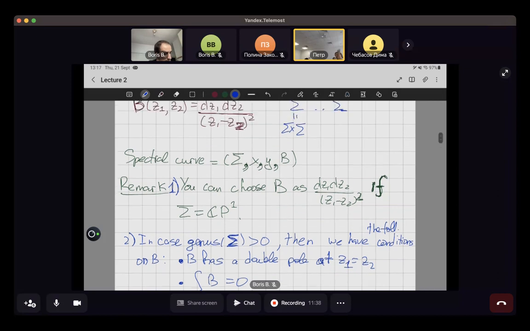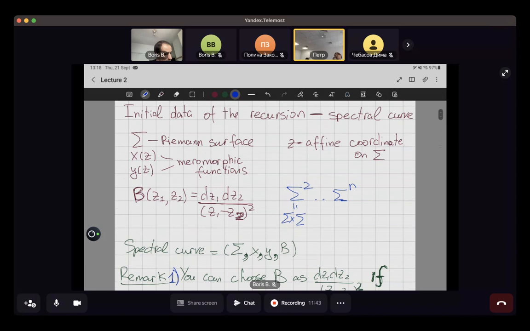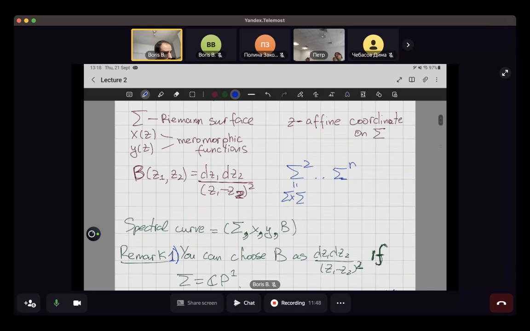So for now, just forget about this related to higher genus. Let's say that we are in the genus 0 situation. In all our computations, if we are too smart to go to genus 1, it will be great, but I think we will stay in genus 0. Okay, so we have these four objects: sigma, x, y, and B, which is equal to dz1 dz2 over (z1 minus z2) squared.